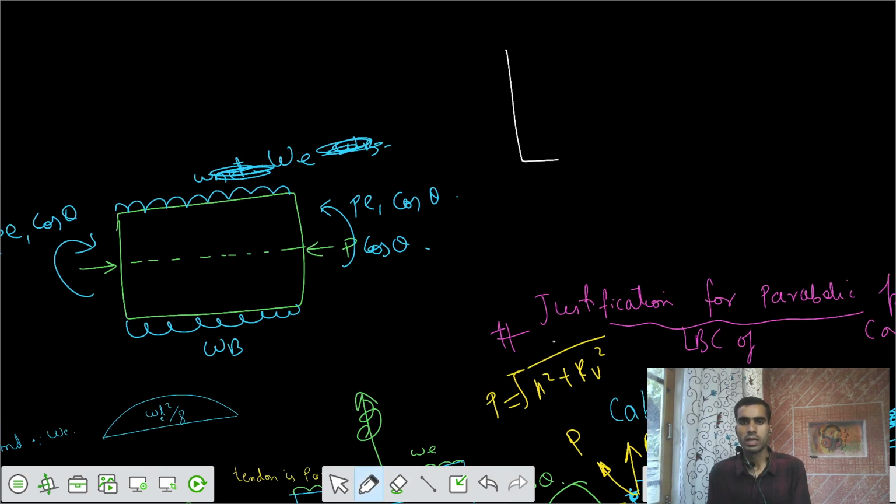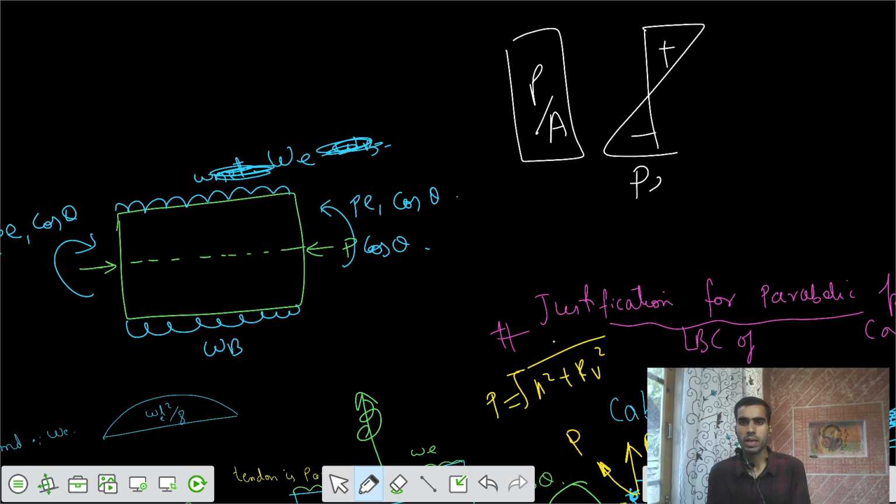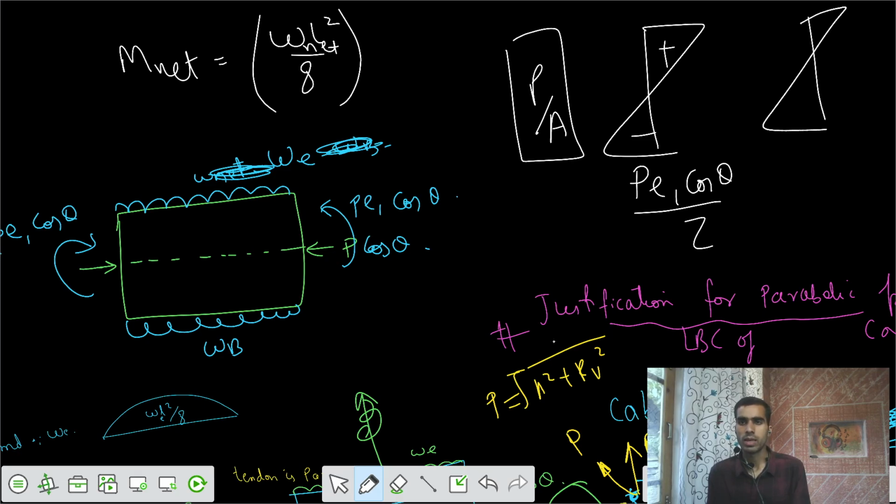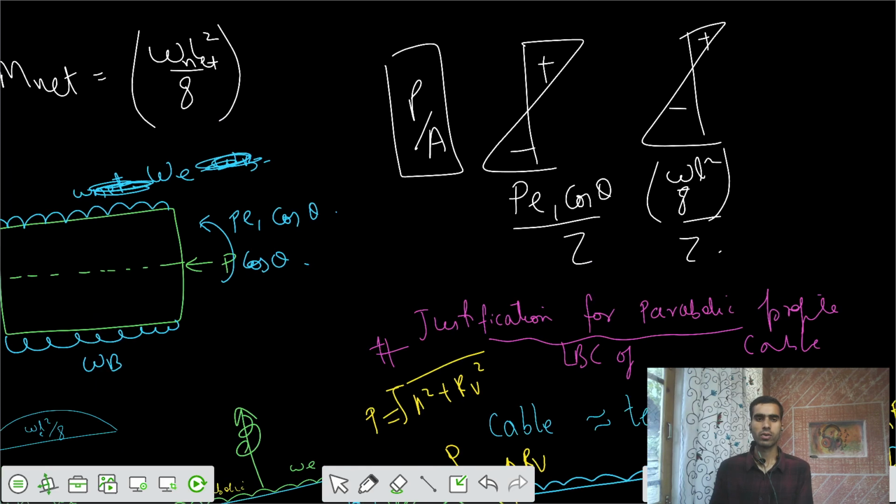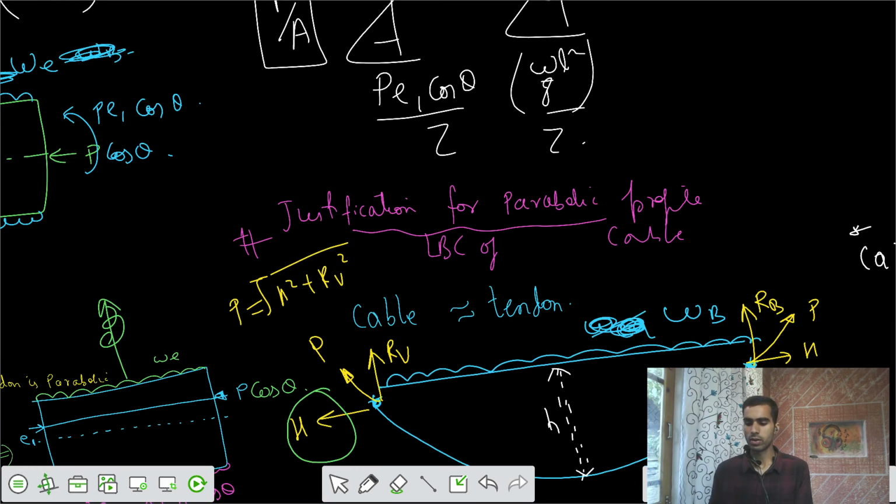There's some P by A because of the direct forces, plus or minus the sagging moment P E1 cos theta by Z. And one more: the net moment would be equal to W L squared by 8, with W net, and let's assume this is positive. So accordingly we get W L squared by 8 divided by Z. So these are your values. This is the load balancing concept.